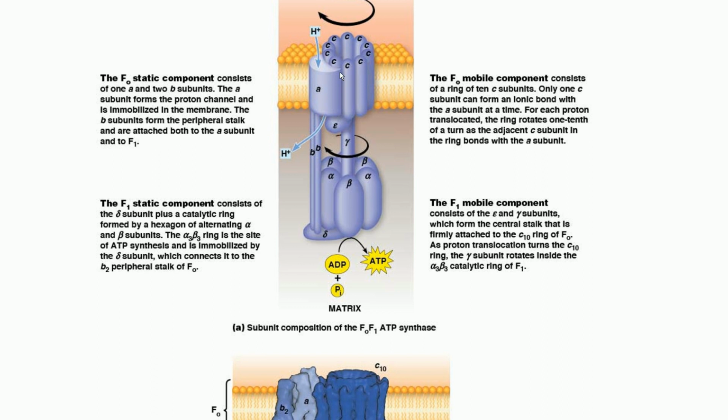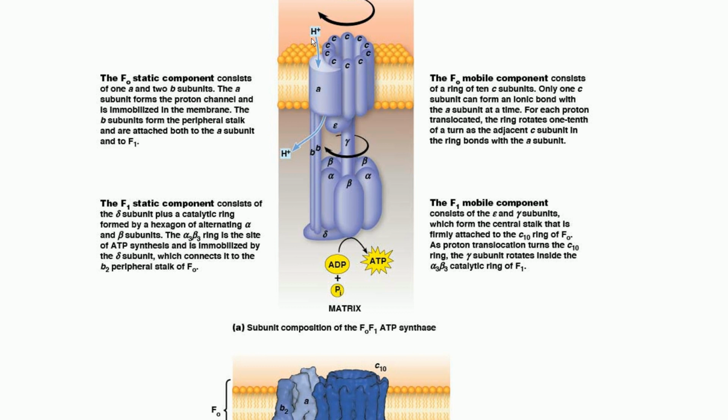So basically, I think I didn't tell you something here. How does this ring move? As I said, this subunit has amino acids which are negatively charged, like aspartic acid, and this A subunit has amino acids which are positively charged, like arginine. In this ring there are 10 C subunits. One of the subunits is always forming a bond with this A subunit.